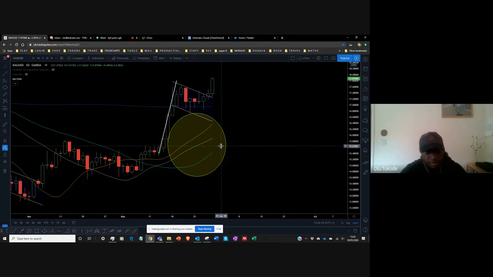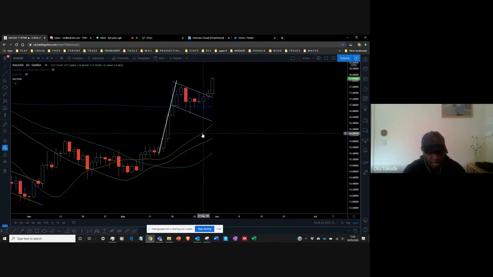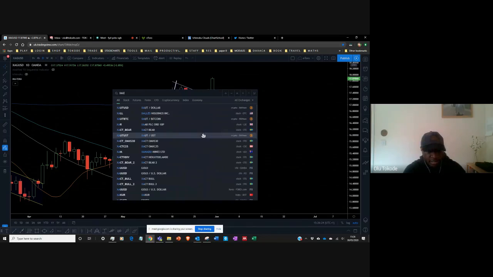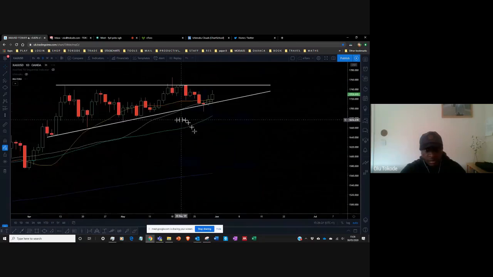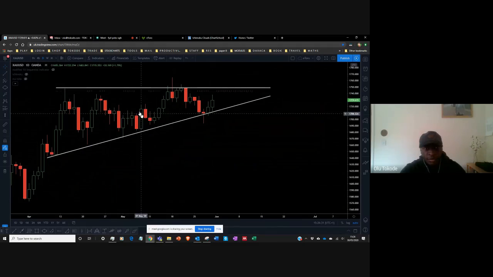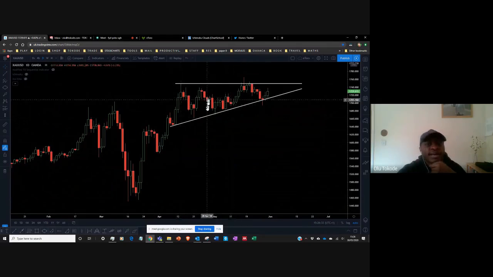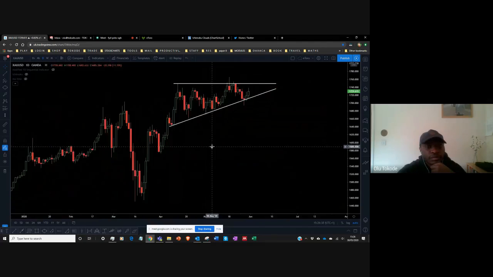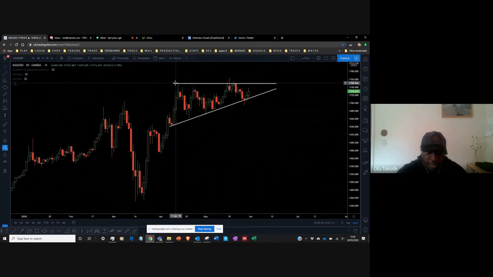Now, if you look at gold, XAUUSD, gold is also having a very bullish chart pattern form. Silver has a bull flag, gold has formed an ascending triangle. So you have this horizontal trend line and you have this upward sloping trend line.